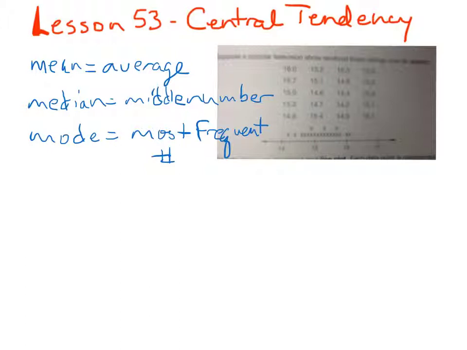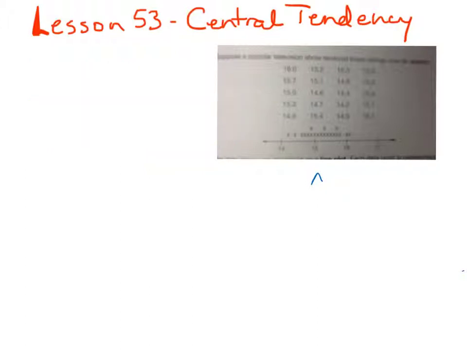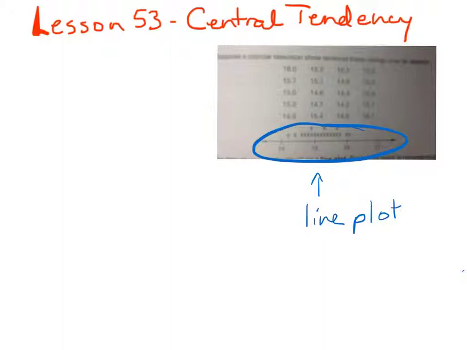So you see that down there, and so on and so forth. So you have to remember that. This is a line plot down there, and we'll be using that here today.